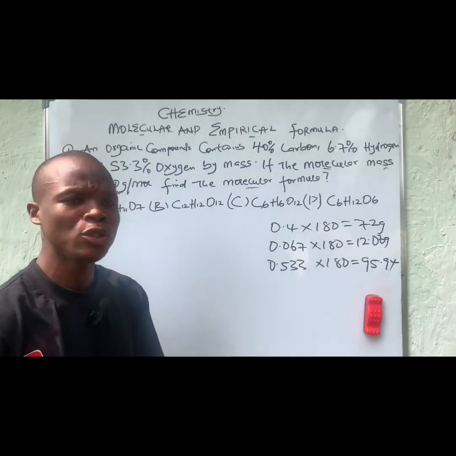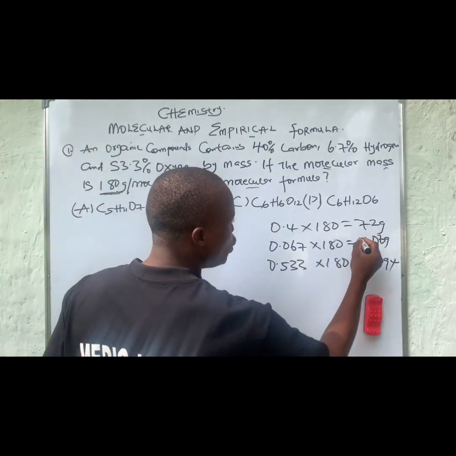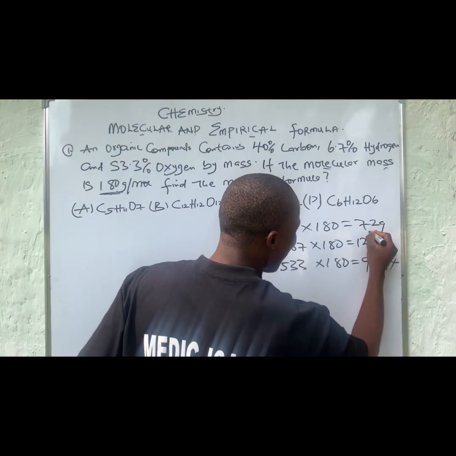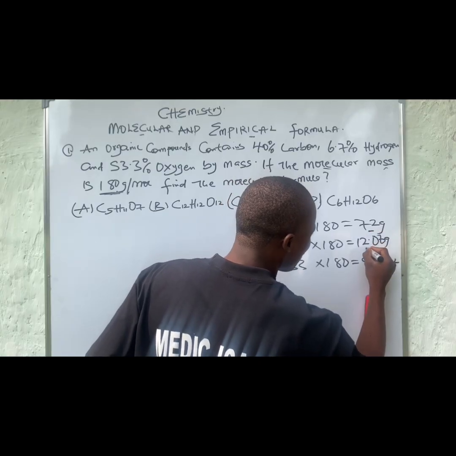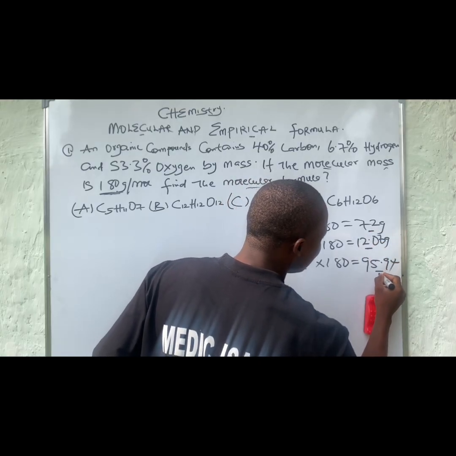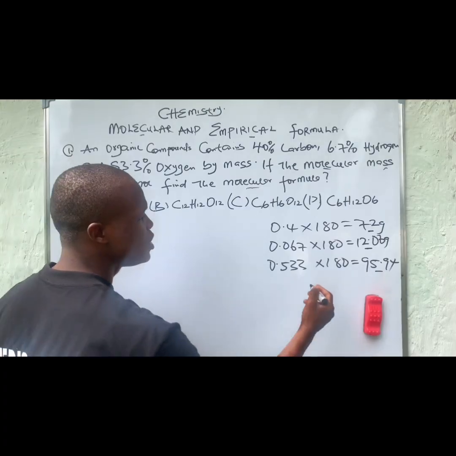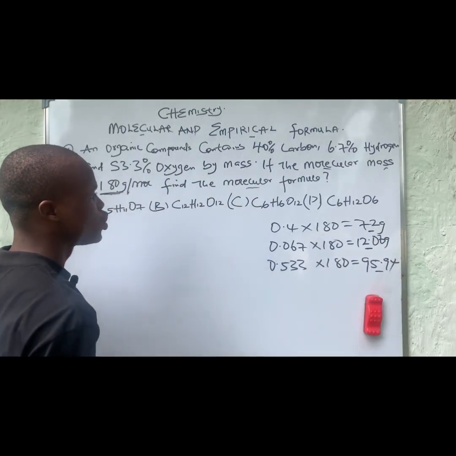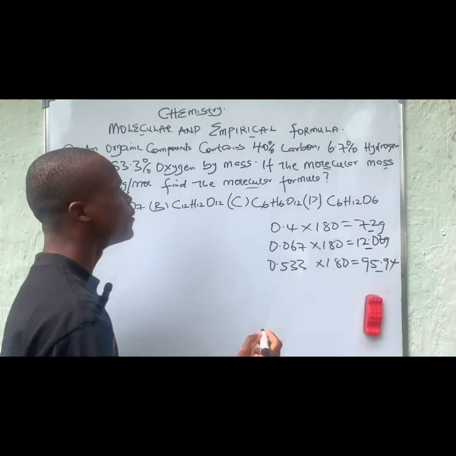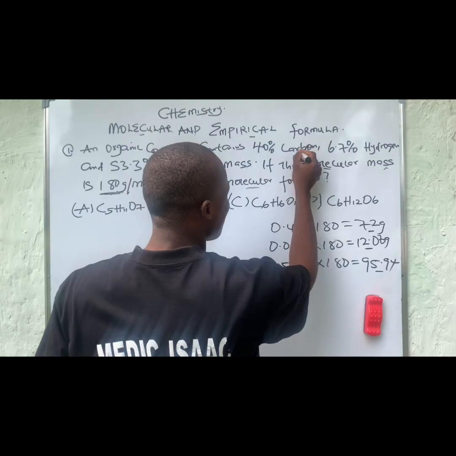After this, the next thing you are going to do is use the atomic mass to divide. So this is where you have to be careful and know the atomic mass of carbon.